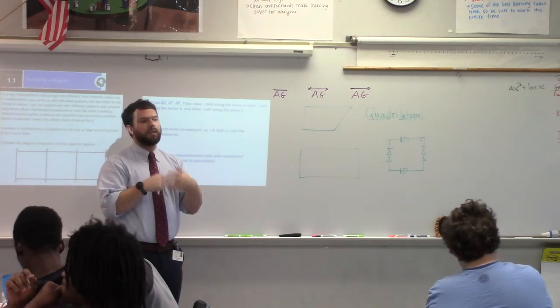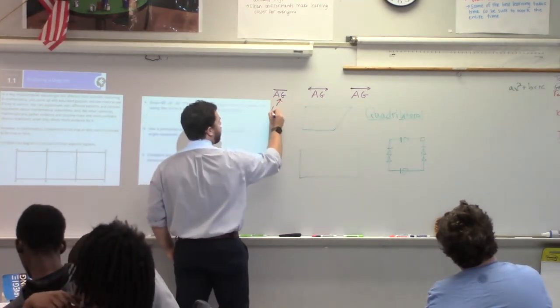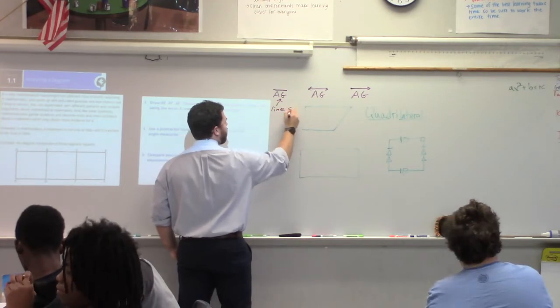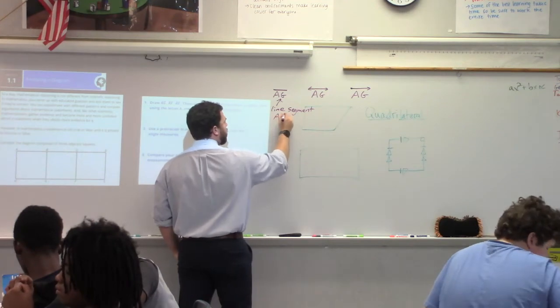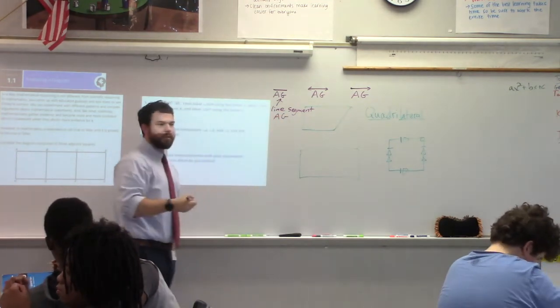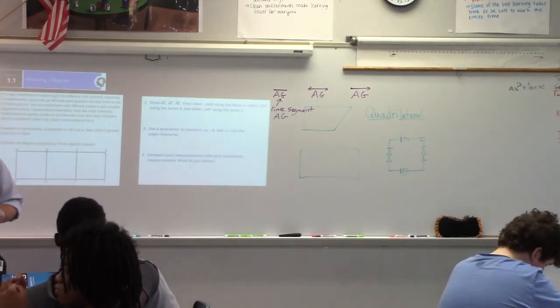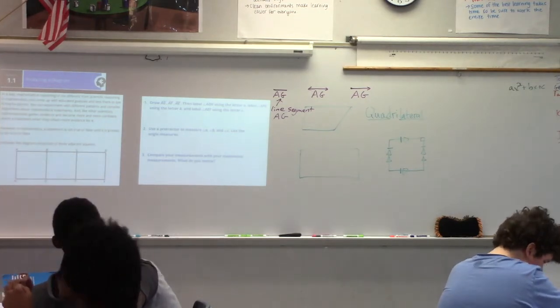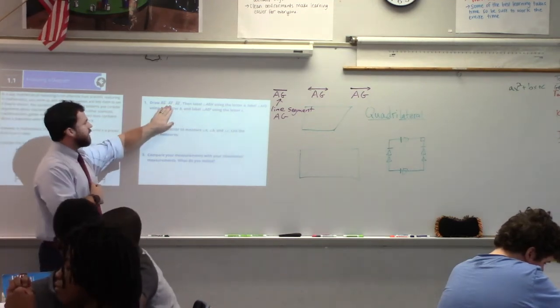This would be read as line segment AG. So be aware of that. We're going to talk more about that moving forward, but you need to read this properly. Mathematics at its core is a language. So we are looking at line segment AG here. So from that, Wesley, how would I read this statement?